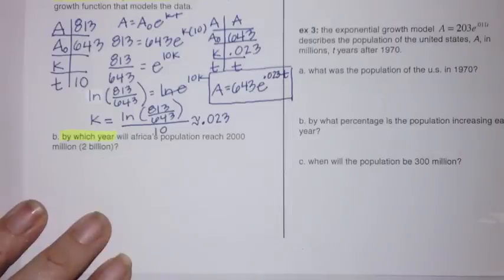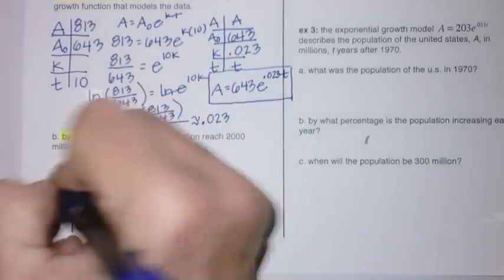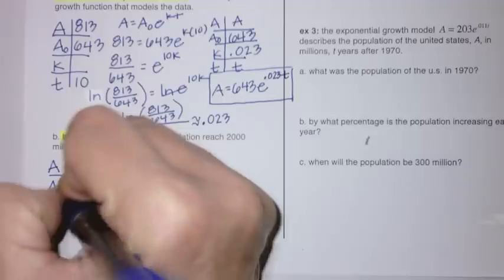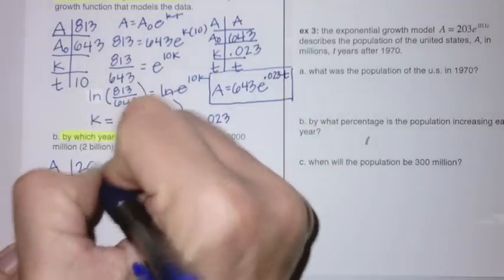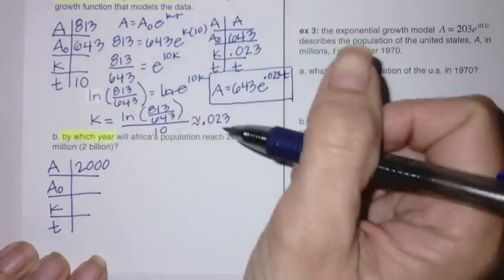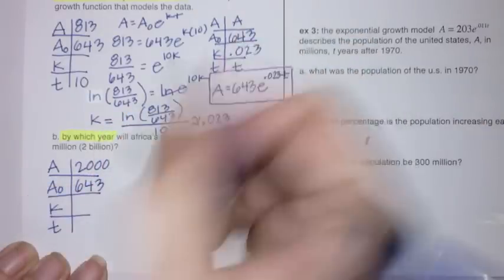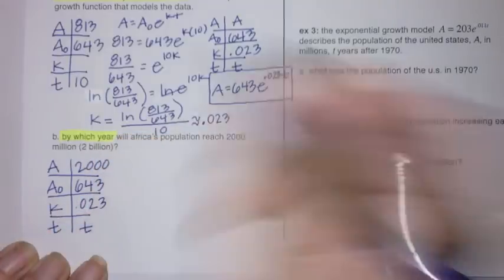They're making your life easier because this formula is in terms of millions rather than billions. So same thing. Right? 2,000. What's our initial amount? 643. This is 0.023. And then we don't know t, that's what we're looking for.